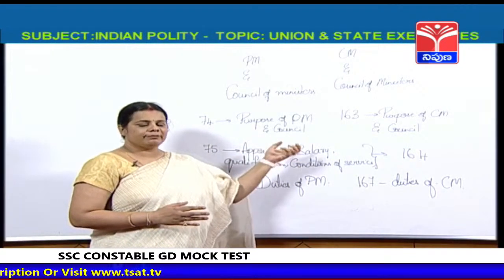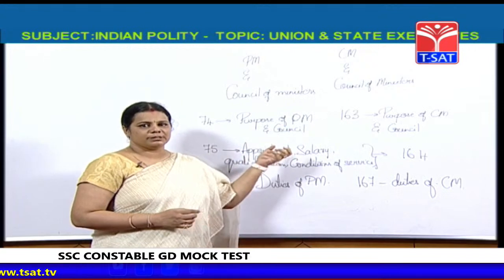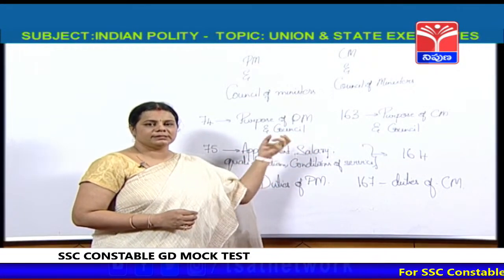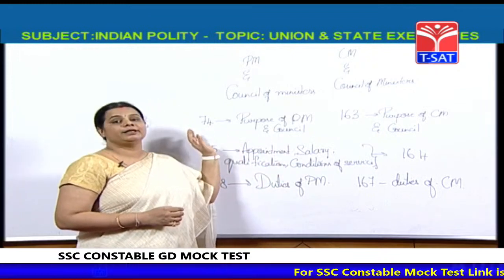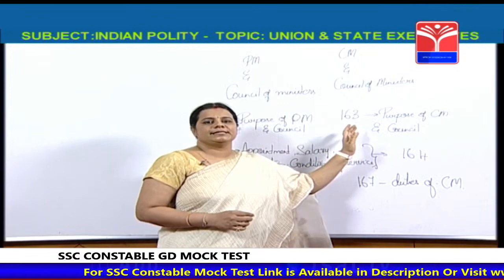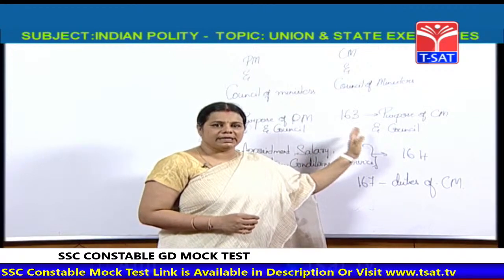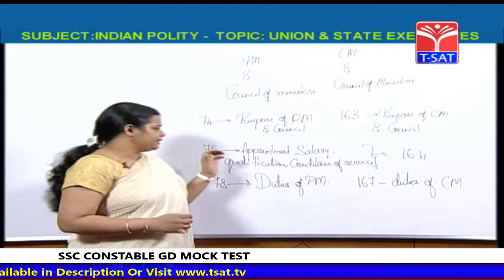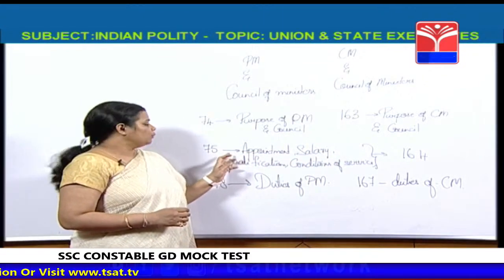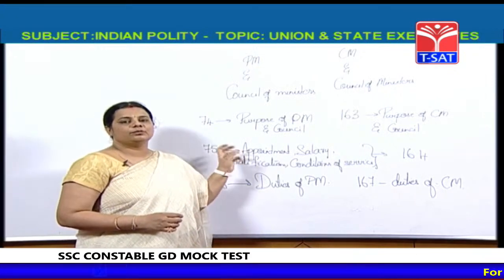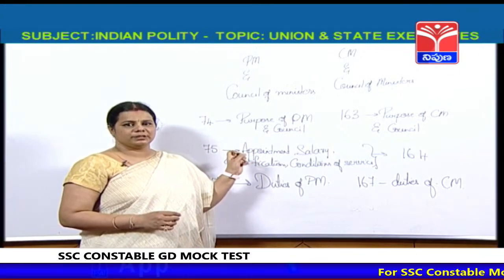Ante, why will we have a Prime Minister and Council of Ministers? What will be the role of the Prime Minister and Council of Ministers in the Indian political system will be defined by Article 74. Similarly, what will be the role of the CM and Council of Ministers in the state political system is defined under Article 163. The second article that is very important with regard to this is 75. 75 will tell us who will appoint the Prime Minister and Council of Ministers.